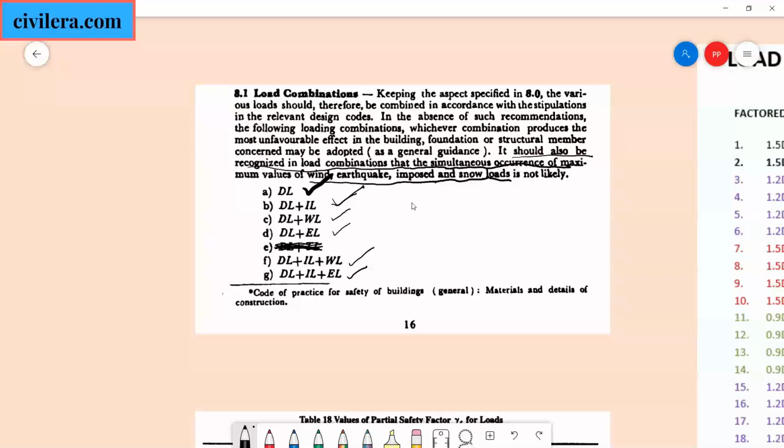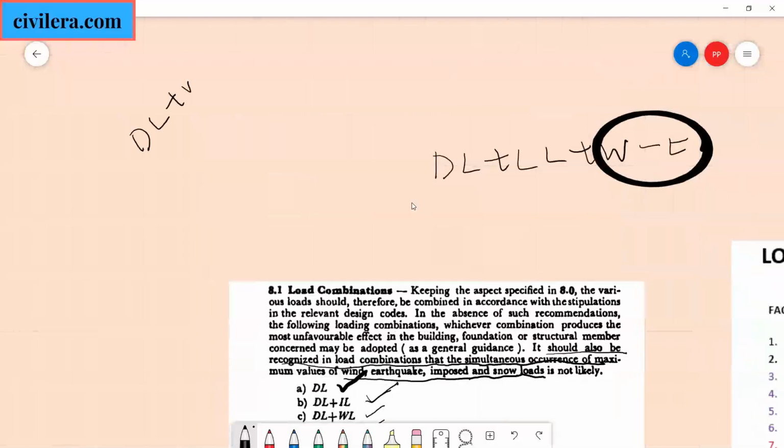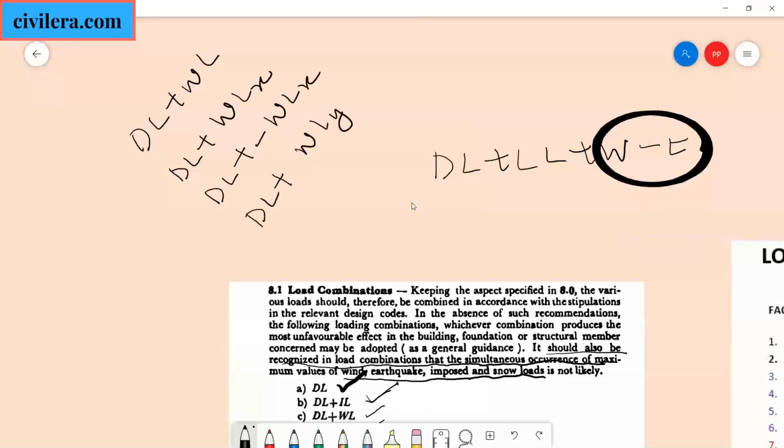Now, when you say dead load plus wind load, it includes dead load plus wind load X, dead load minus wind load X, dead load plus wind load Y, dead load minus wind load Y. So it includes all these combinations.